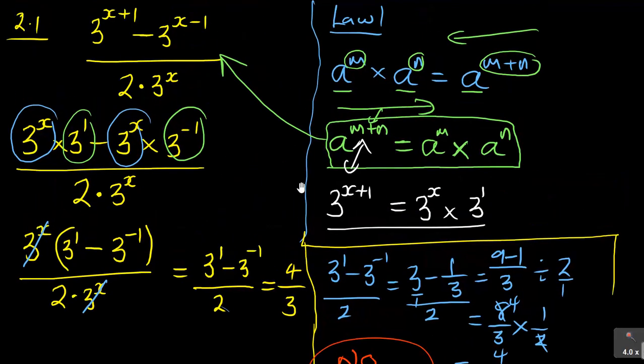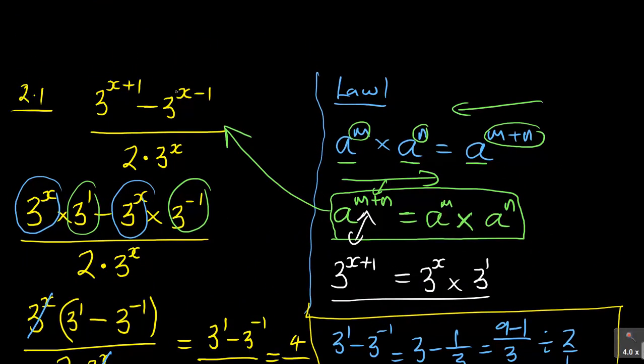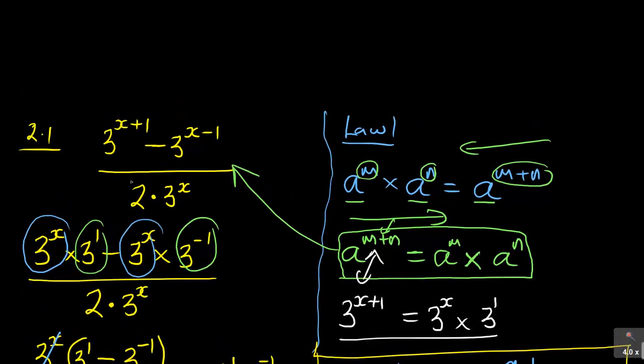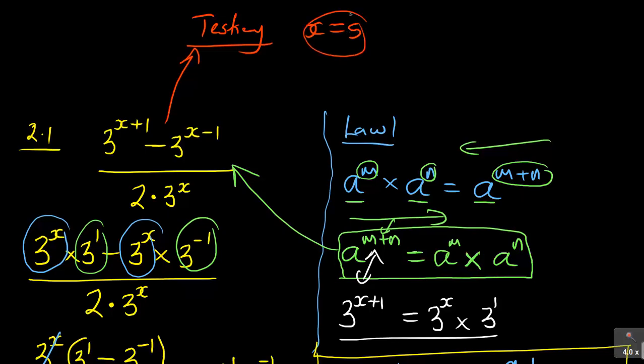Now you can test this particular question. Let me just bring something to you here. Say testing. It's possible to test this particular question. What you do is choose any value of x. For example, you can say let x be equal to 5. Just any value of x. Take a calculator, and wherever there is an x, you must put 5.